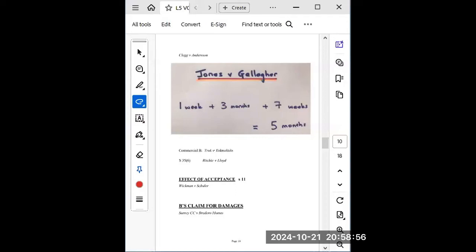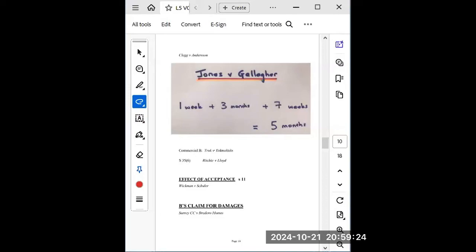Now, whether a term is a condition or a warranty in the first place, that will depend anyway on the construction of the contract. Section 11 specifically says even if the contract term is called a warranty, it can be a condition. Now, if contract terms are called conditions, this can be a warranty. You must look at the intention of the parties.